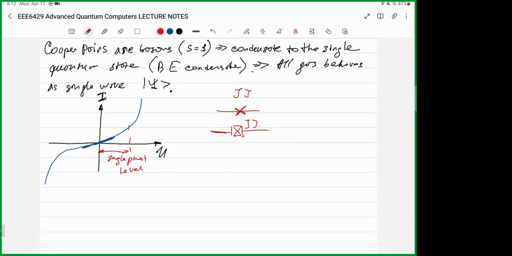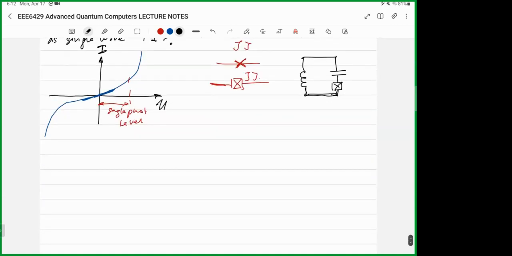So if I put this Josephson Junction in my resonator, like here, for example, I make this resonator nonlinear. And this nonlinearity makes the energy spectrum of the Josephson Junction based resonator unharmonic.